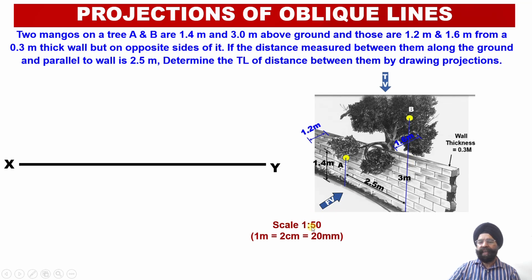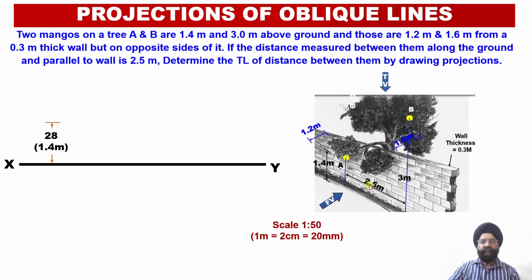So using a scale of 1:50, the height of object A above the ground will be 28 millimeter. Similarly, the height of object B above the ground will be equal to 60 millimeter, and the distance between the projector lines measured along the wall in the front view will be 2.5 meters or 50 millimeter.